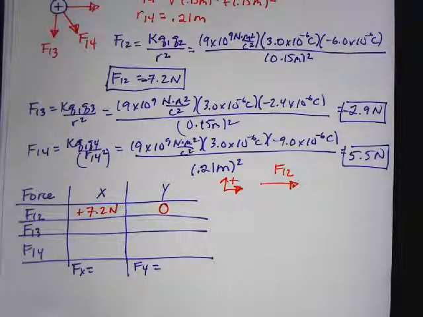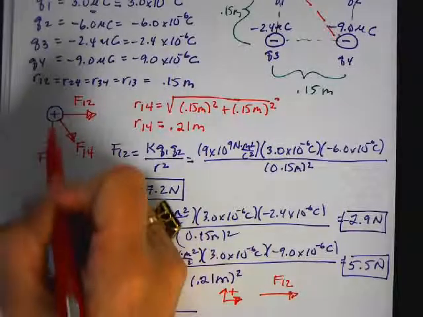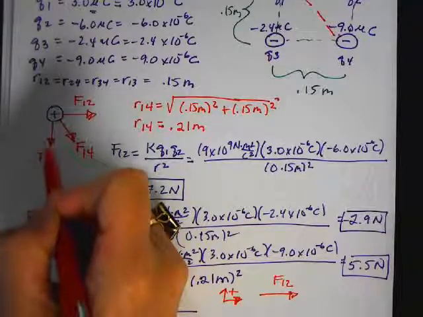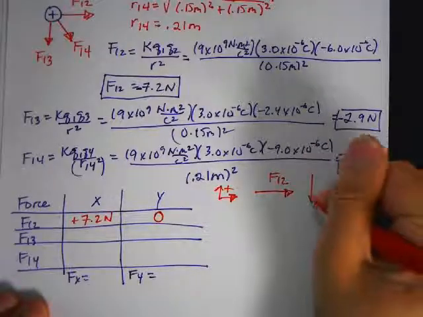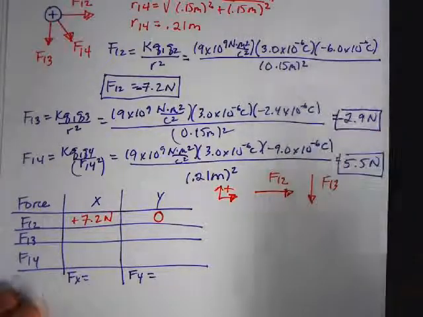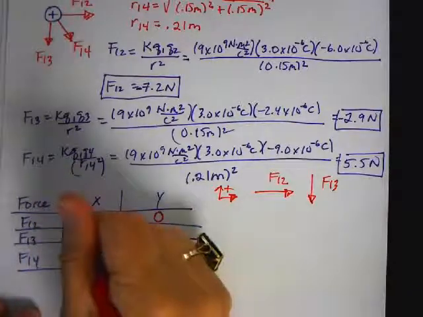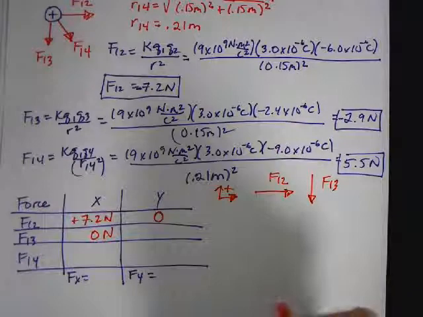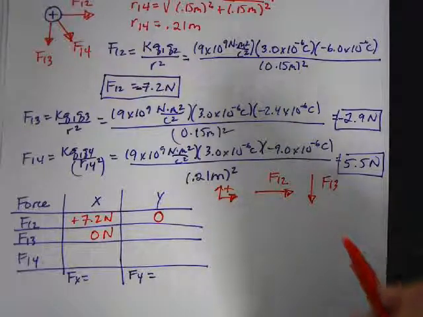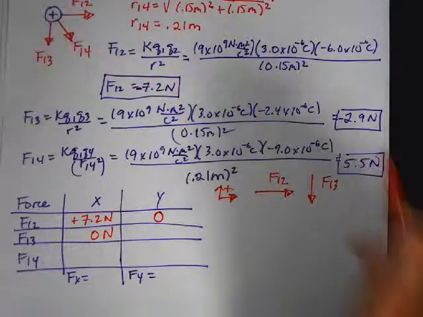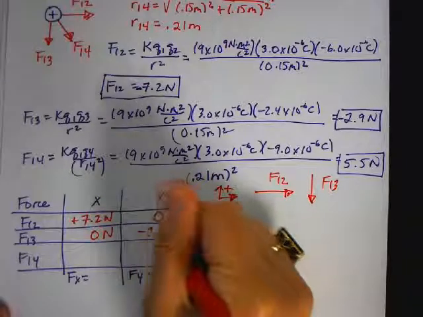Now I'm going to look at F13. F13 goes down. It's all vertical. F13 looks like this. So F13 has no horizontal component, and it's all vertical. Now, according to our sign convention, that's negative. It goes down, so I'm going to say it's negative 2.9 newtons.